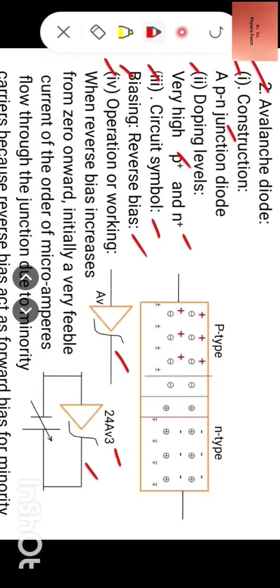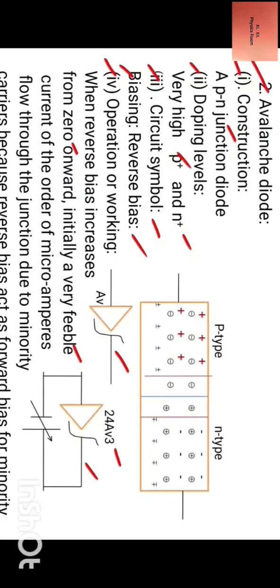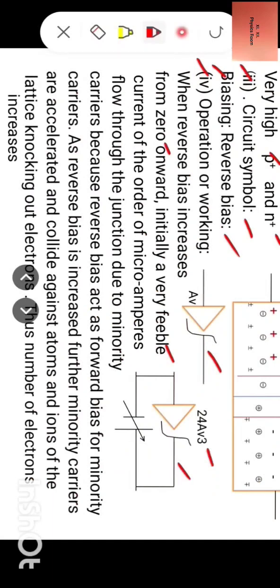Now operation or working. When reverse bias increases from 0 onward, initially a very feeble current of the order of microamperes flows through the junction due to minority carriers, because reverse bias acts as forward bias for minority carriers.